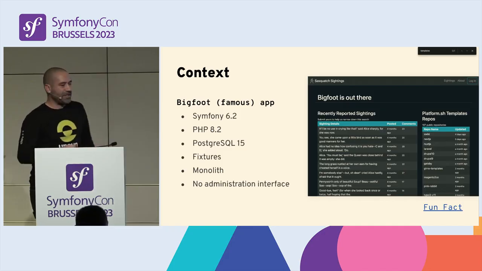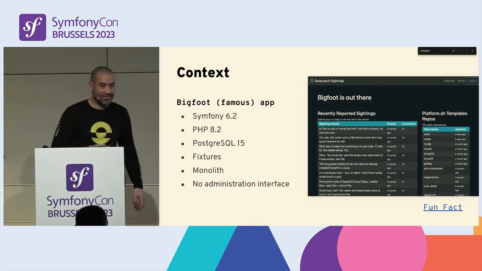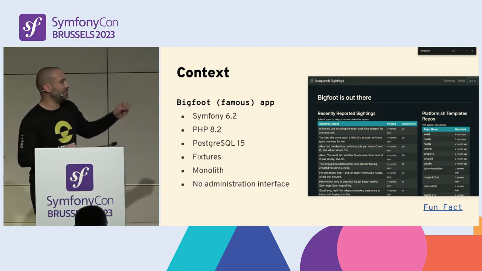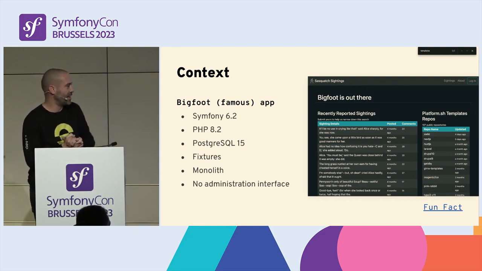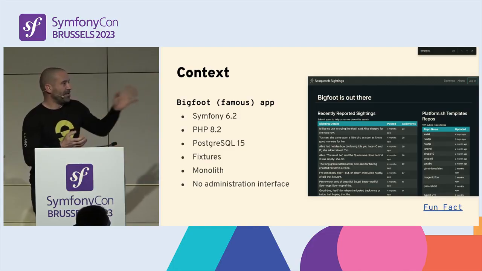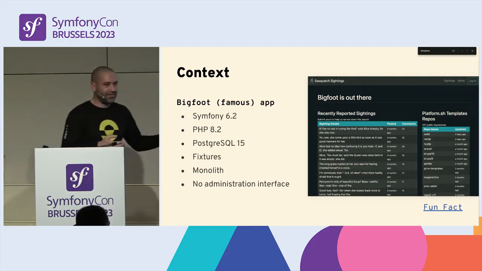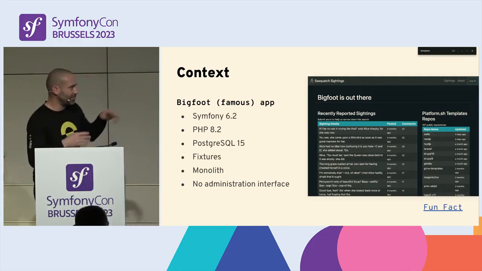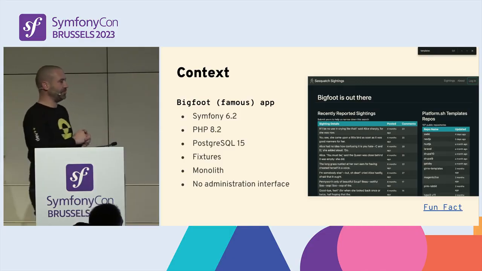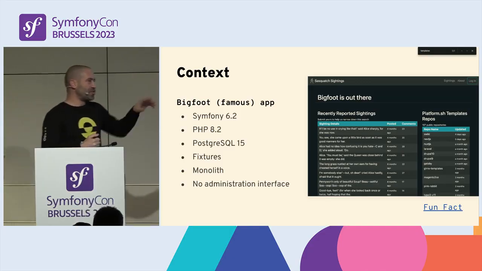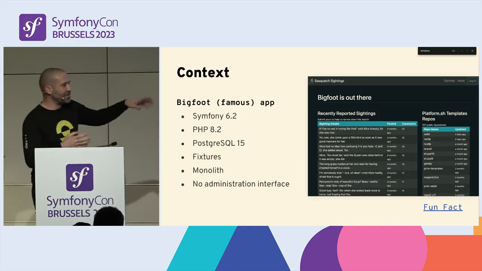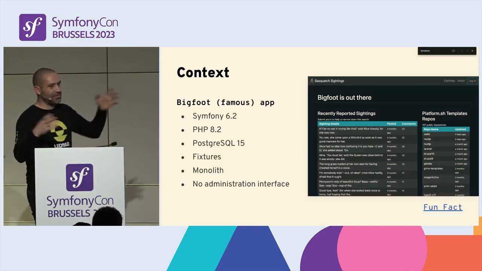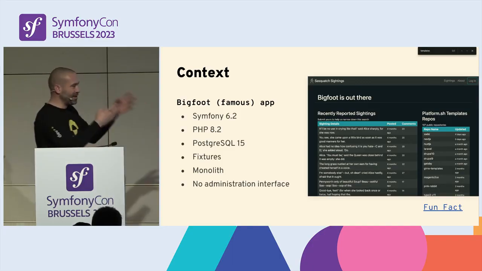Maybe you already followed one of the Blackfire workshops. A few years ago, we developed this Bigfoot website. It's a light blog on Bigfoot sightings. And we introduced a lot of performance issues for you to dig into, using Blackfire to optimize your website.